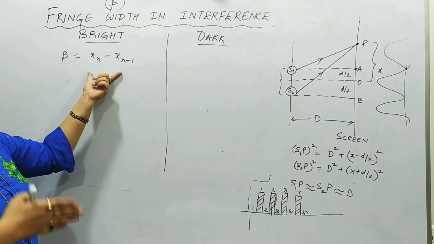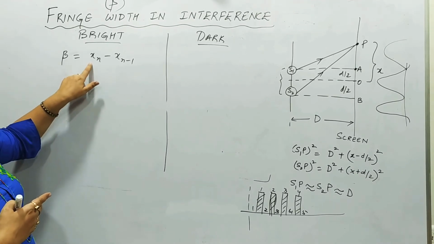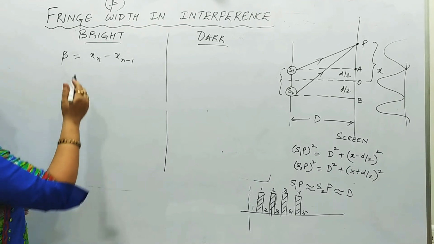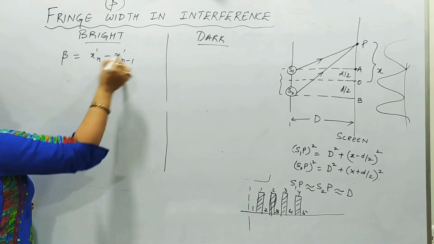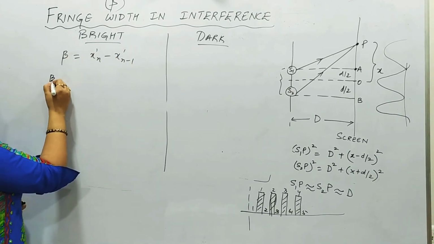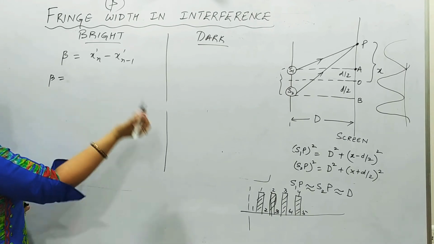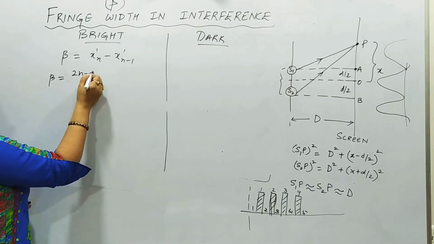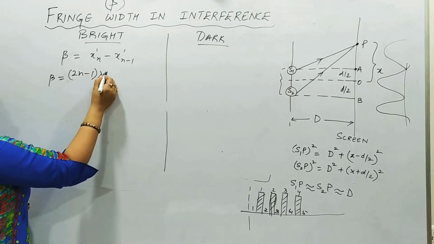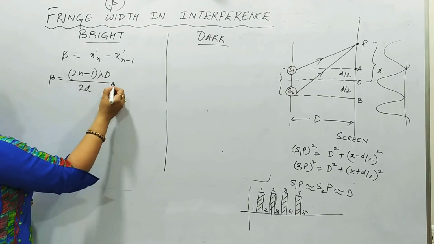Between two darks, one bright will come, right? So putting xn and xn minus 1, let us say xn dash and xn dash minus 1. So beta will be, we know the value of xn. Just now we have derived 2n minus 1 lambda D upon 2d.